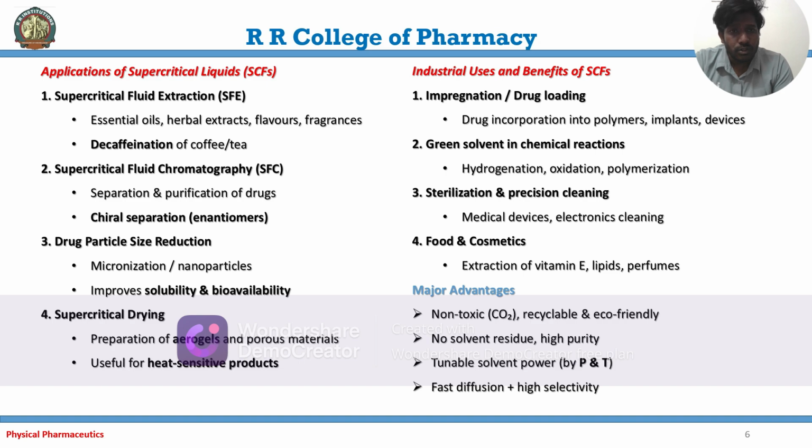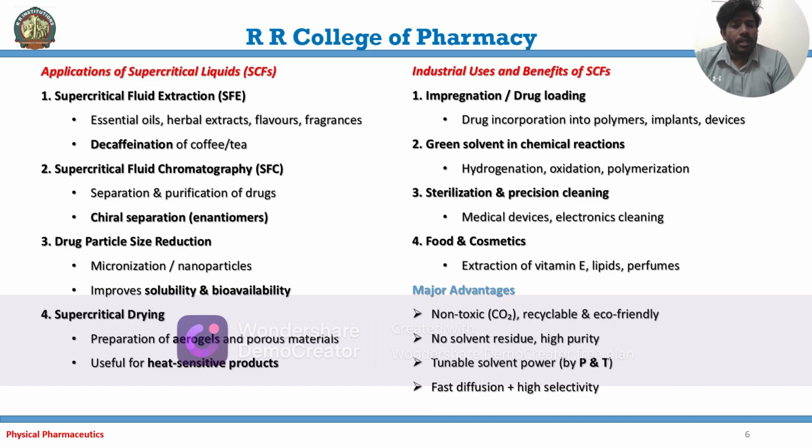Coming to the industrial uses and benefits of the supercritical fluids, impregnation or drug loading is very helpful with the help of these supercritical fluids. Drug incorporation into polymers, implants and other devices is easy because of their high penetrability.